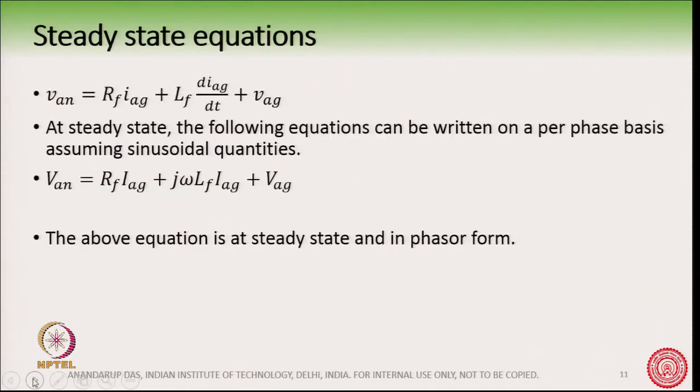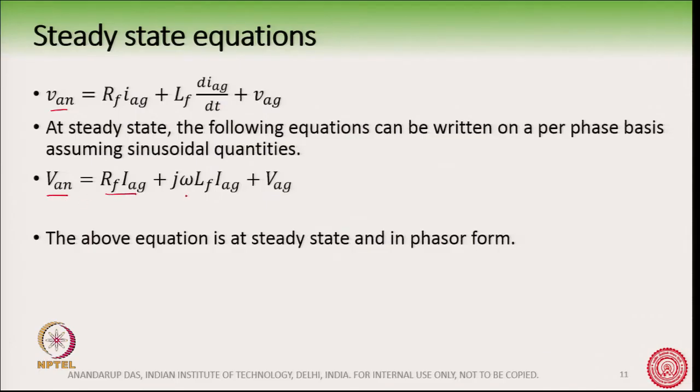Of course, now we are talking about steady state. The equation in differential equation format is like this. VAN is this one, but at steady state we can write this equation on a per phase basis, assuming all quantities are sinusoidal.